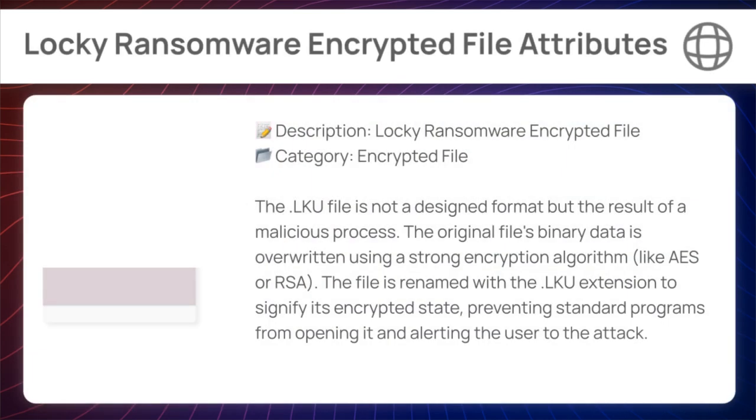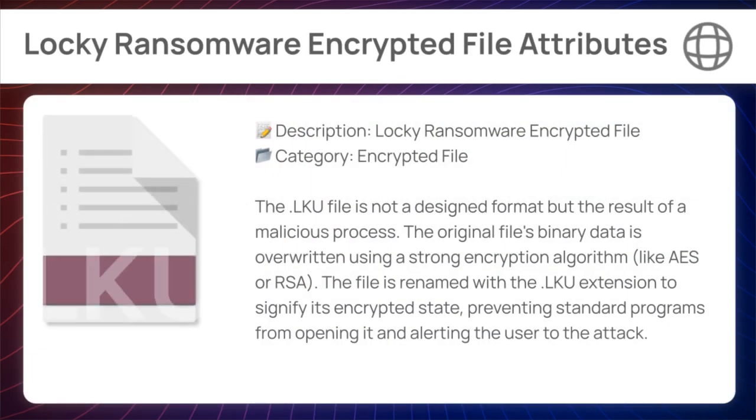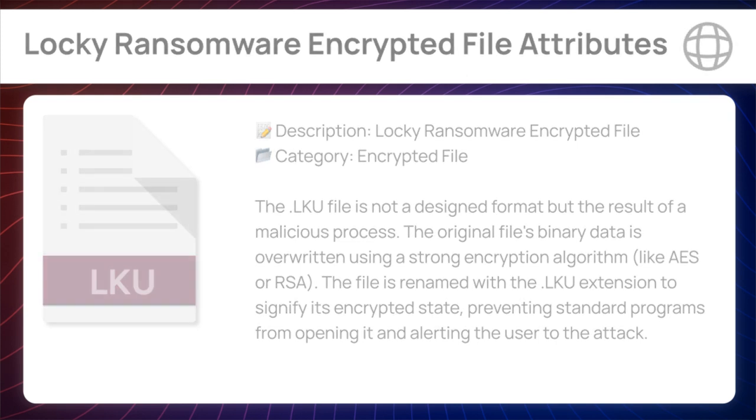The LKU file is not a designed format, but the result of a malicious process. The original file's binary data is overwritten using a strong encryption algorithm, like AES or RSA. The file is renamed with the LKU extension to signify its encrypted state, preventing standard programs from opening it and alerting the user to the attack.